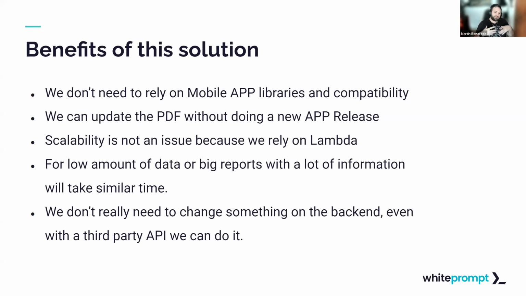So this Lambda is responsible for changing the templates, and if you need to make a chart, you get the data and process it. It's not responsible for other APIs to change data and show an object only because you want to show it. If you need to change something on the PDF or the way you show it, you don't need to change other things.